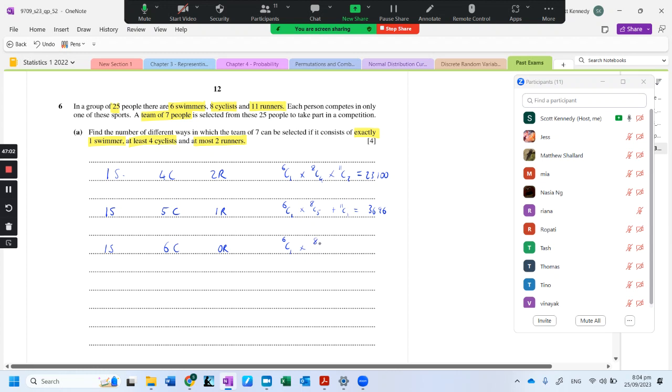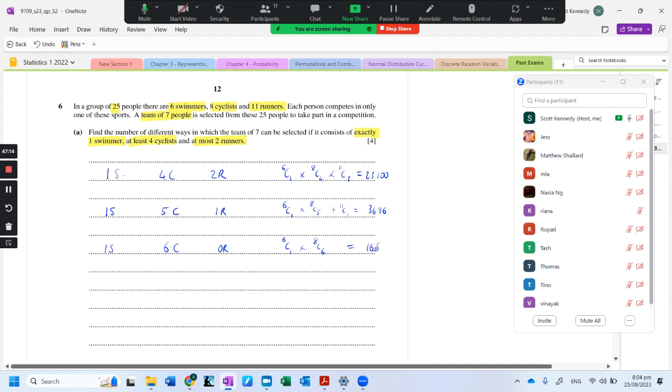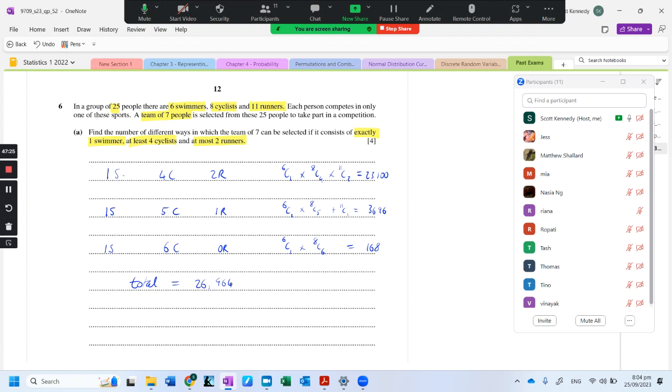And then 8 choose 6 for the cyclists. And obviously if we're choosing 0 runners, we don't need to include that. It's 11 choose 0, which is 1. And this gives us 168. And so the total number of ways should be, if I've got these numbers right, 26,964. All right.